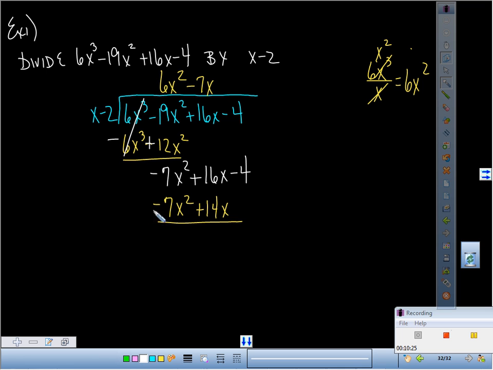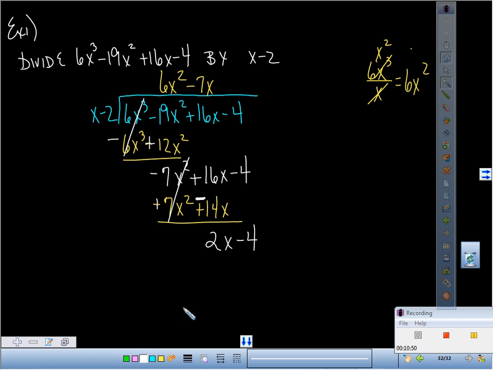Change all the signs. So this becomes a plus and this becomes a minus. Be careful when you do it like this. When you can make a minus sign into a plus, it's not that bad. But right here, you're going to have to make sure that your brain is looking at that negative sign, okay, and not seeing the positive. All right, the first two cancel out, so that's good. What's a positive 16x and a negative 14x? 2x, and then your minus 4.